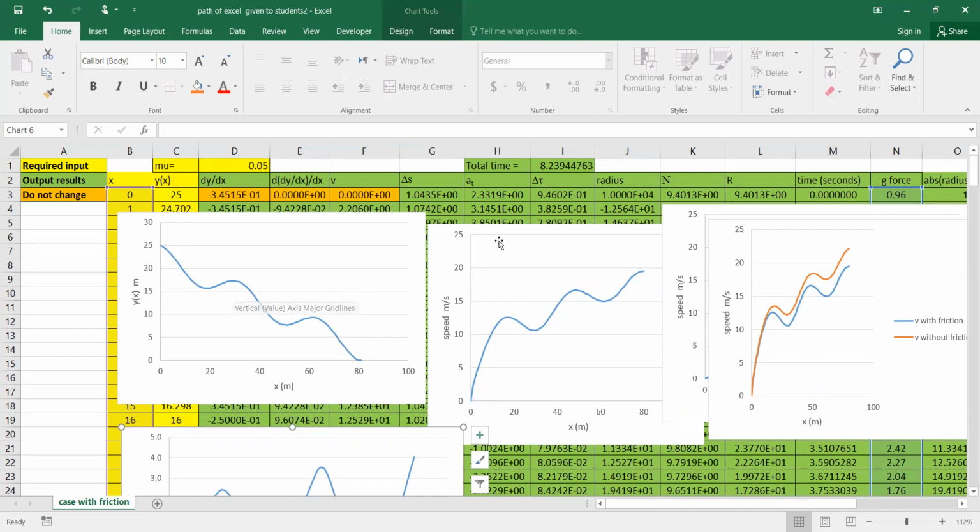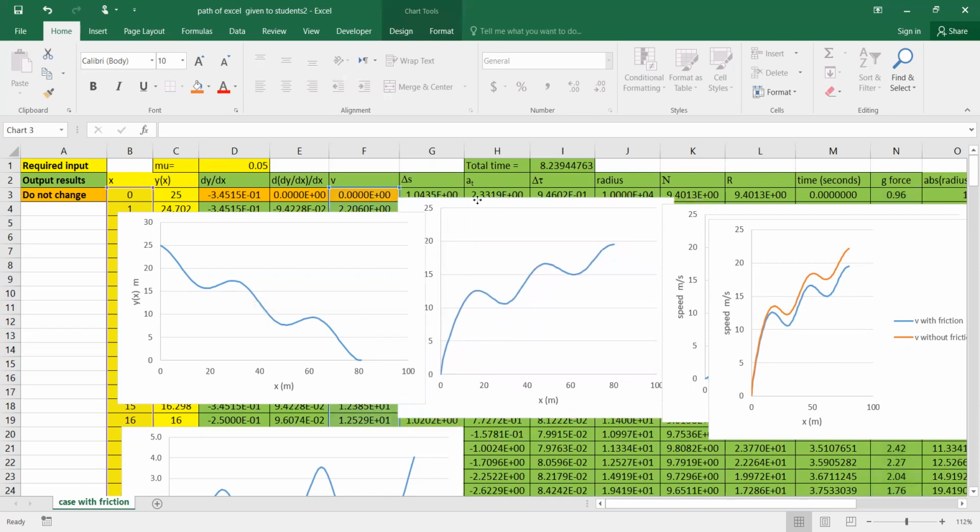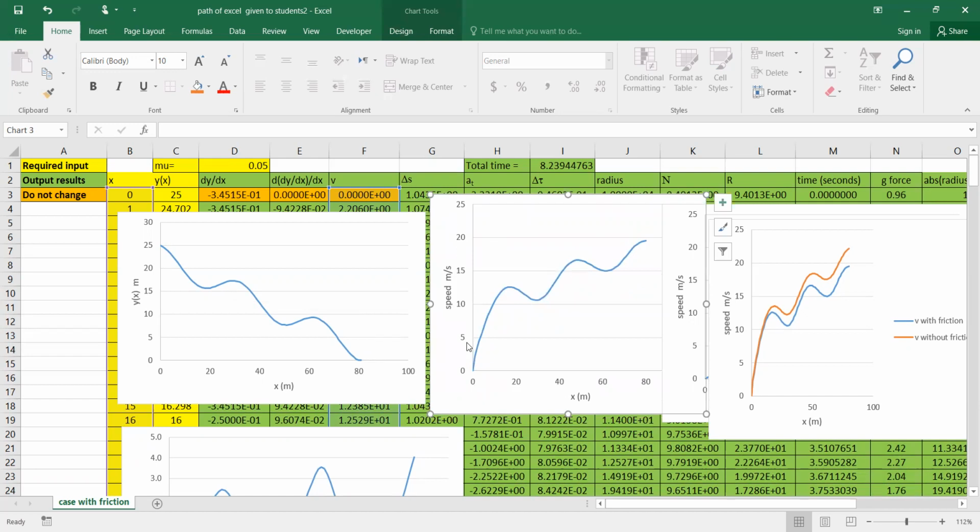Okay. Here, according to the calculation of the equation of motion and Newton's law, the speed starts from 0, then it's going up here, and then it's going down and up and down, and then the maximum is somewhere here.